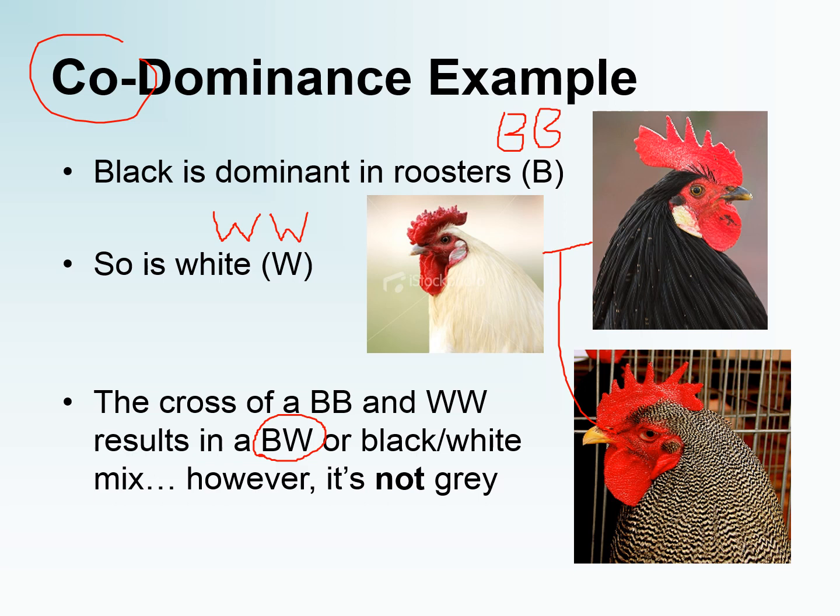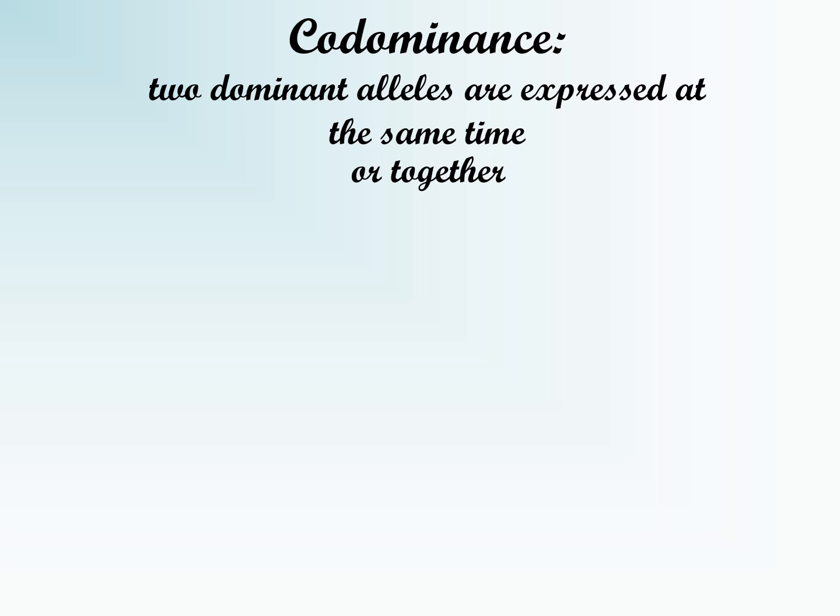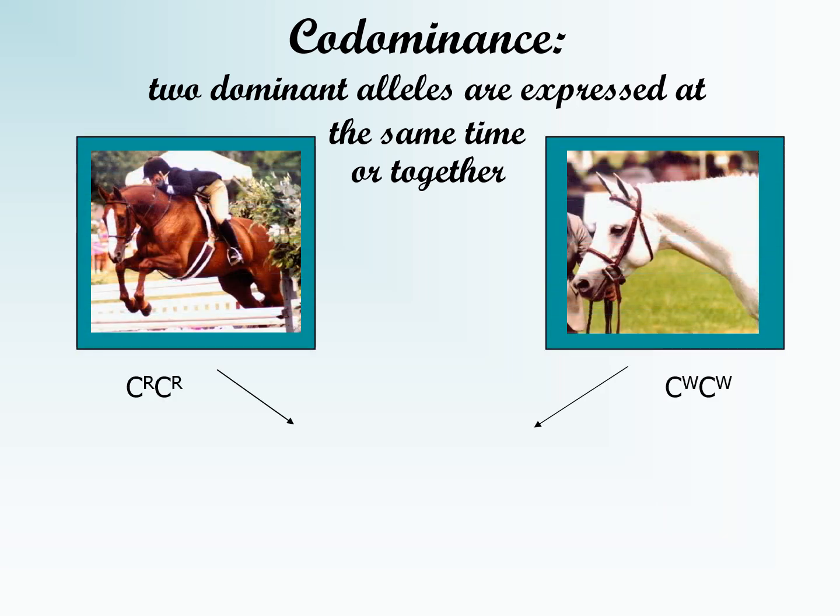It will have some white feathers from one parent and some black feathers from the other. To define it, codominance is when we have two dominant alleles that are expressed at the same time, or together.